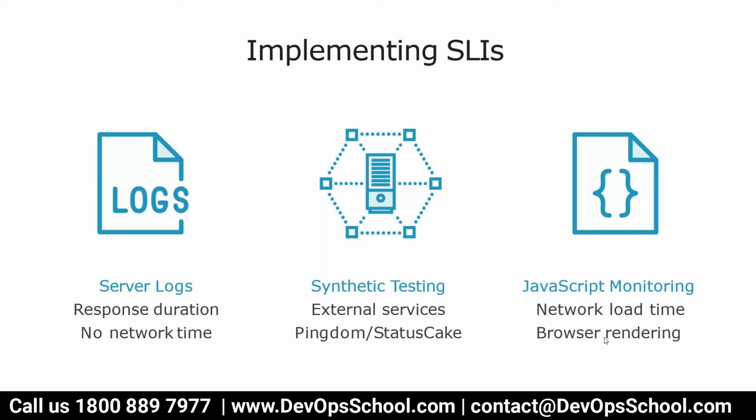So not only do you need to collect the MELT, but synthetic monitoring also nowadays is becoming very popular. And this is just like an uptime check or something. And JavaScript monitoring, which you call RUM, or sometimes we call it browser monitoring. RUM stands for, anyone would like to help me here? What is RUM?